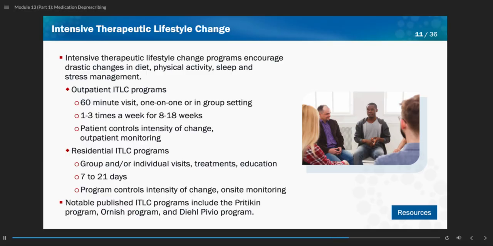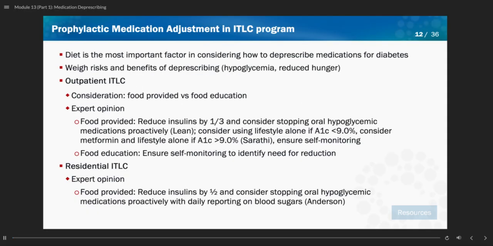Usually the outpatient programs are longer and will meet multiple times a week to get all of the education and training in. Residential programs are obviously more intense as the entire environment is controlled, as well as all of the food. These can be much shorter, 7 to 21 days in length.